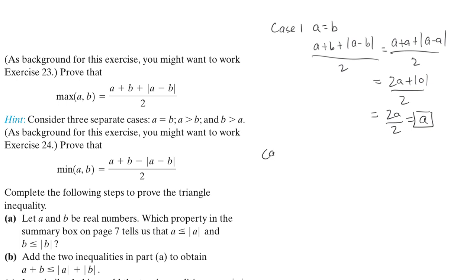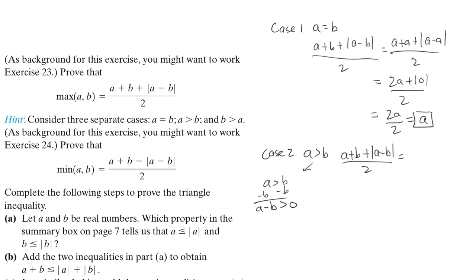Case 2 is where a is greater than b. And so when we have a plus b plus the absolute value of a minus b all over 2, what do we have? Well, a little bit of trickery here. If a is greater than b, and if I subtract b from both sides, then a minus b must be greater than 0. And that's key.